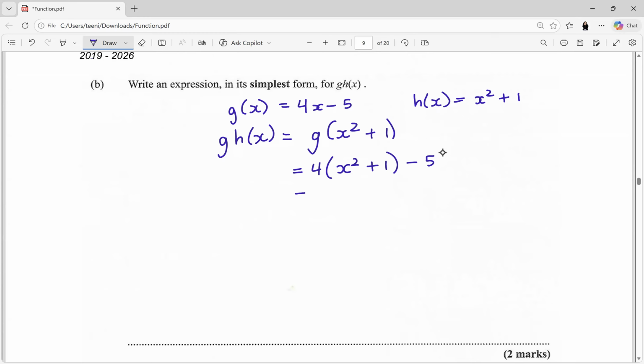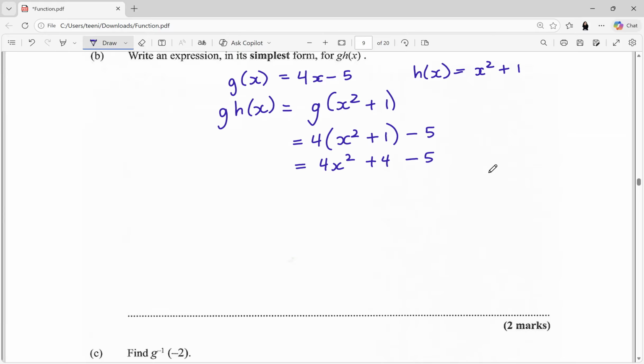So that gives me 4 times x squared is 4x squared. 4 times 1 is 4. All of that minus 5 will be 4x squared, 4 minus 5 is minus 1. So it would be 4x squared minus 1. That is your g of h of x.